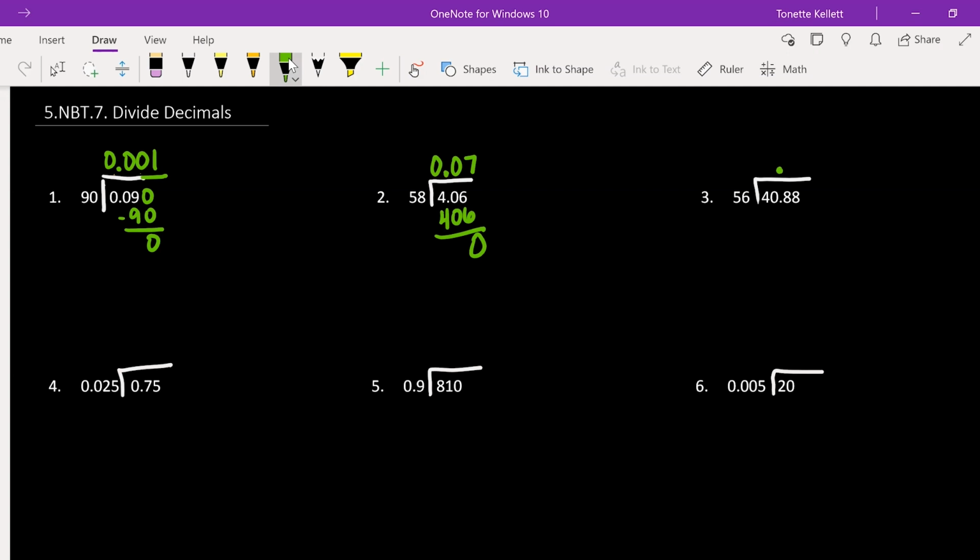Number 3, 58 does not go into 4 or 40, but it can go into 408 7 times.